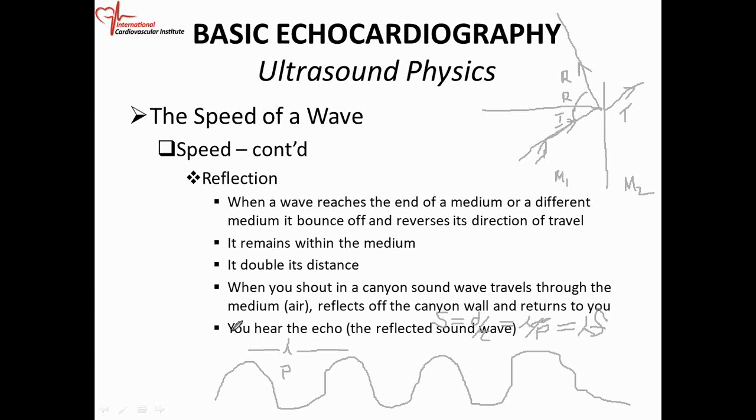And if you have a stopwatch and you time from when you shout to when you hear it, that is the time that the wave travels to and fro. So you can use the simple formula, speed is equal to distance over time, to calculate the speed of sound in here. Remember, the speed of sound in a media is going to vary.